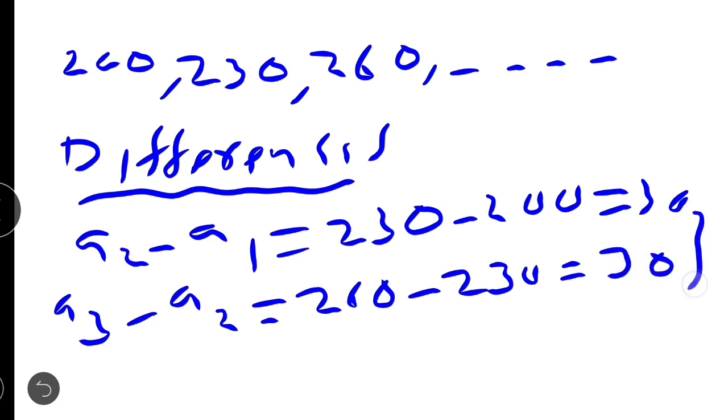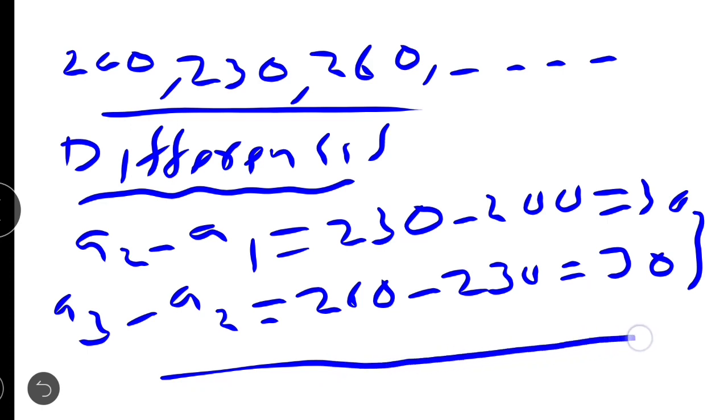So here the differences are common. So definitely this list of numbers will be in arithmetic progression. Here you have to write the conclusion. Therefore the list of numbers will be in arithmetic progression because their differences are common.